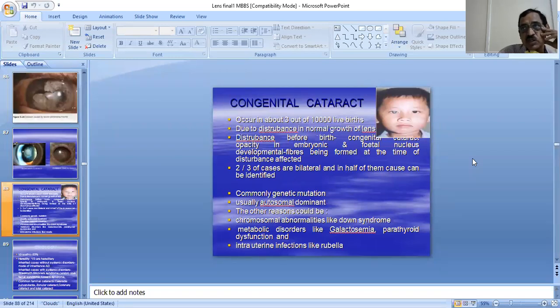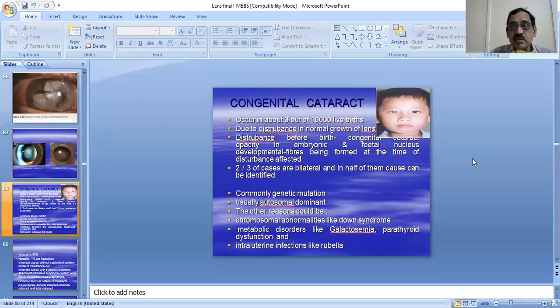The lens fibers which are being formed at that period, when there is a disturbance in the lens formation, those fibers only will become opacified, and the rest of the fibers prior to the disturbance and after the disturbance may remain clear and normal. So the disturbance in the lens formation prior to the birth is called congenital cataract, and opacity is restricted to the embryonic nucleus and also the fetal nucleus.